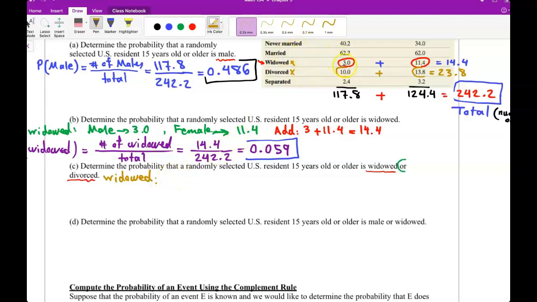Here we have 3 plus 11.4 and we got 14.4. And for divorce, here we have 10 plus 13.8. So that part is 23.8.